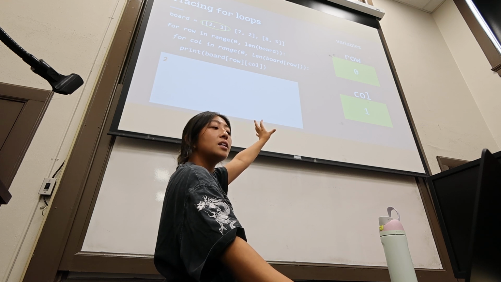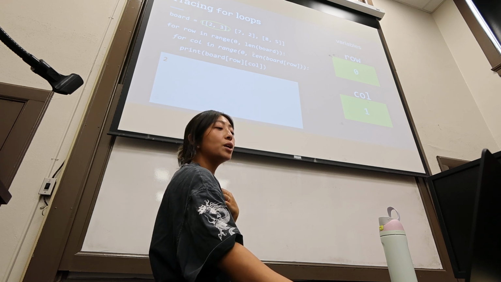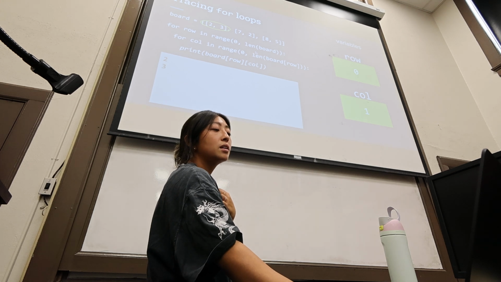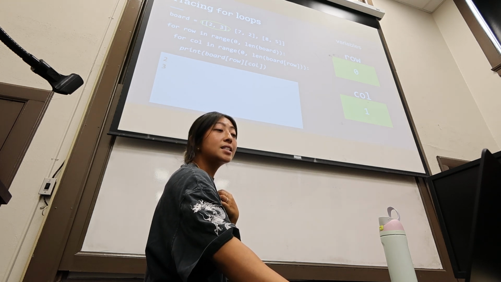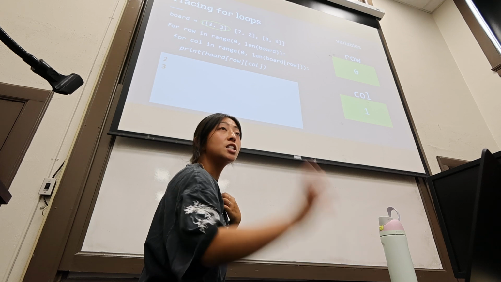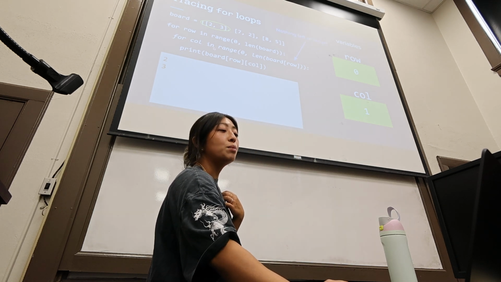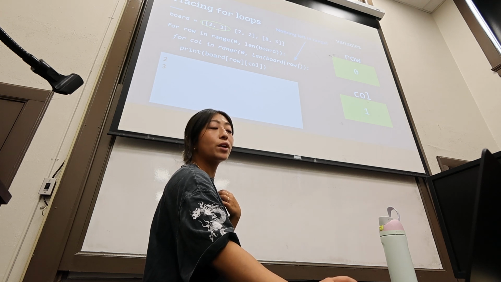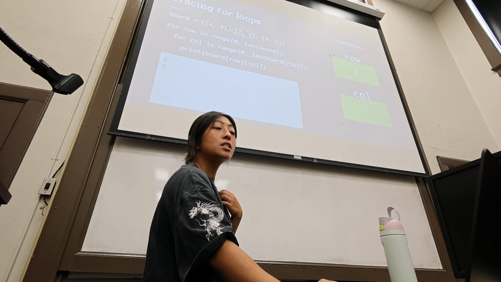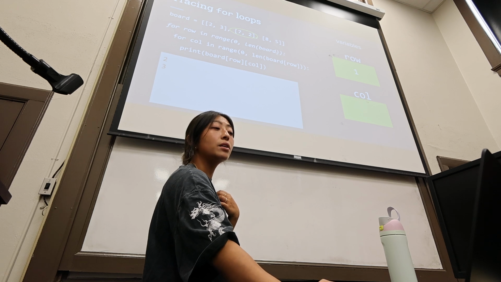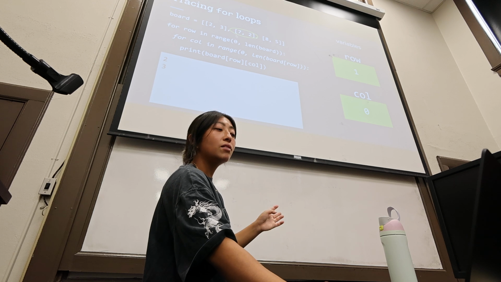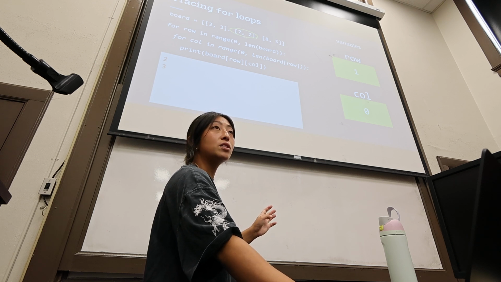Okay, so now we iterate again in this inner loop. Column now has 1. So now we print the value that's in this position, the 0, 1 position. We've finished this inner loop, so there's nothing left in this range. Now we go to the next one, so now we're in this outer loop, and we're doing this inner loop again, iterating through all of these values. So 7 and then 2.